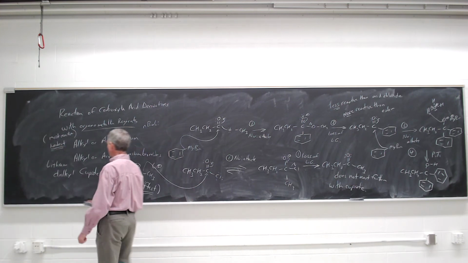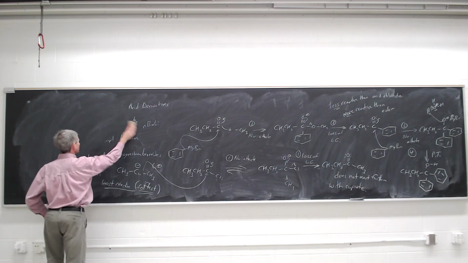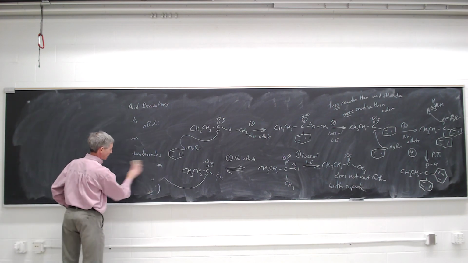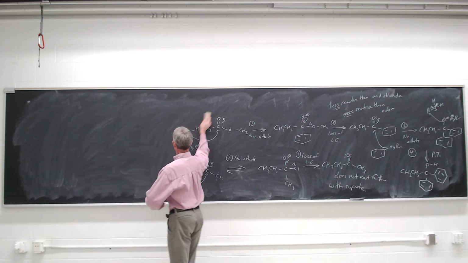And it turns out that you can also make ketones from nitriles through reaction with Grignard reagents.